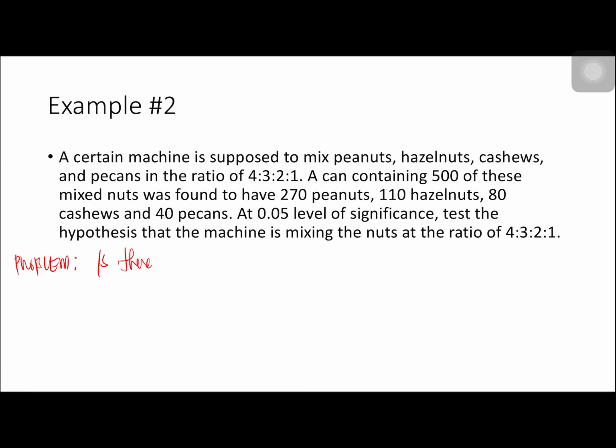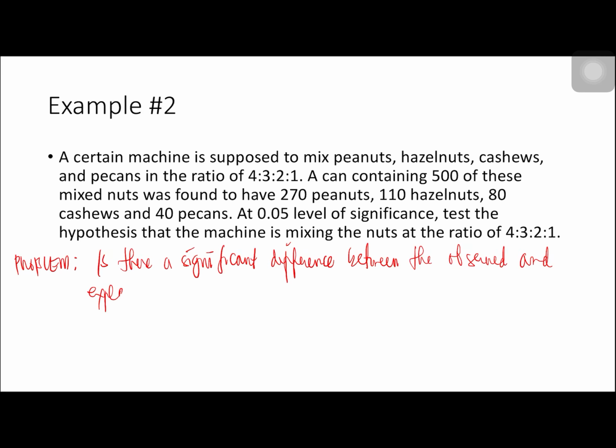So for this one, our problem statement is: is there a significant difference between the observed and expected frequencies or values? Okay?